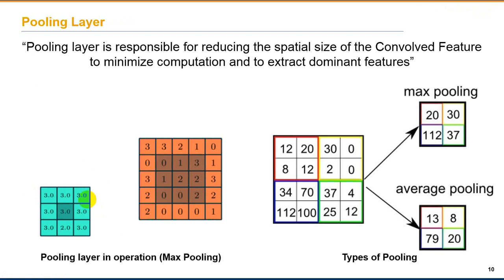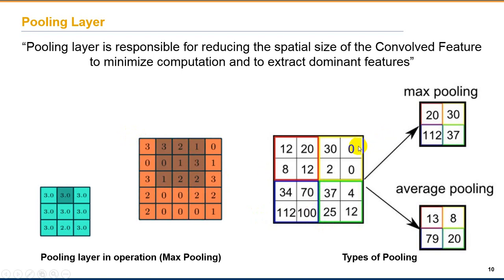So a pooling layer is responsible for reducing the dimensions of the output for the processing of the next layer. We often require the output to be smaller, or we want prominent features highlighted, so we perform pooling for that purpose.